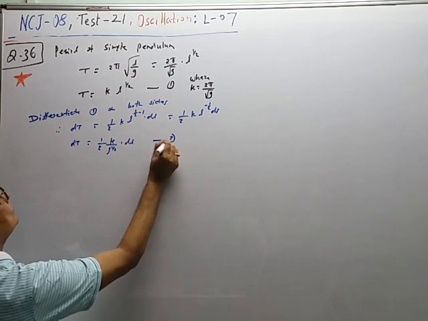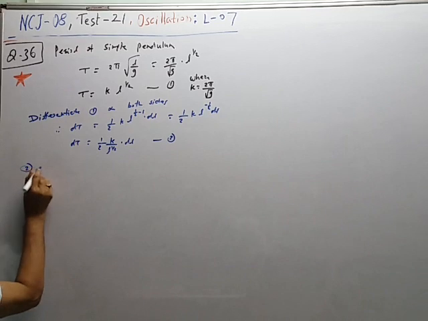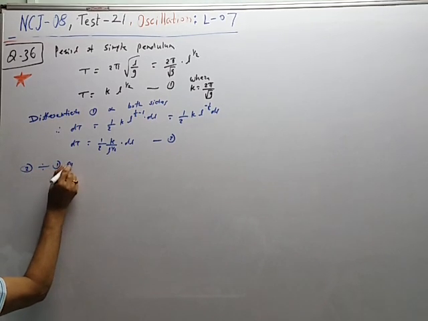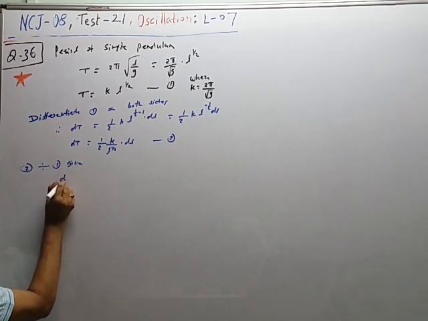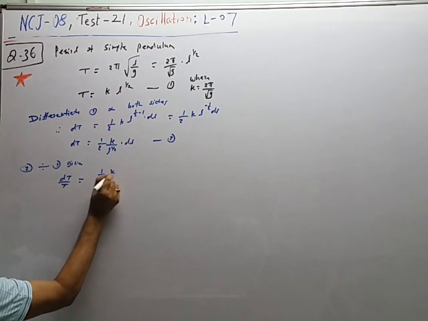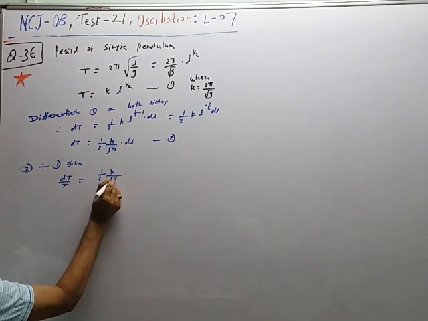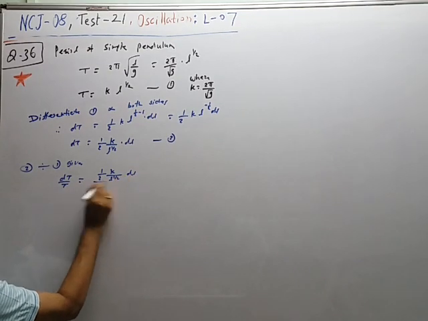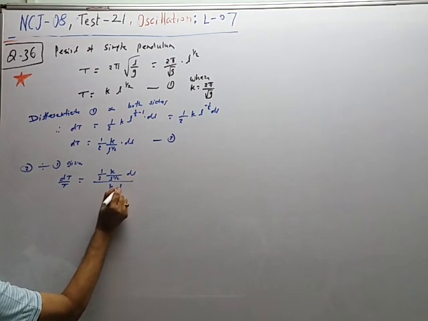This is equation 2. So equation 2 by equation 1 gives dT upon T is equal to 1 half K into L raised to minus 1 half dL upon K into L raised to 1 half.